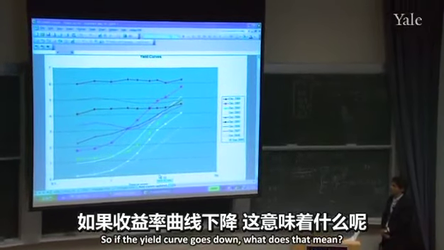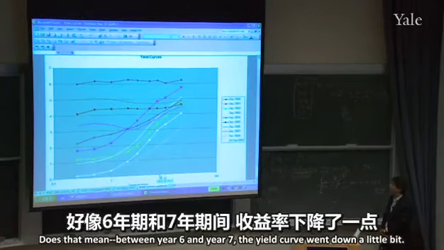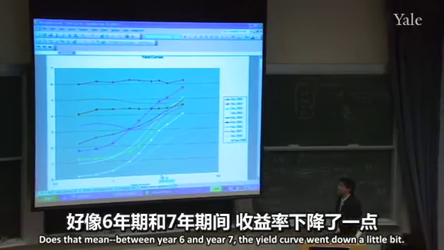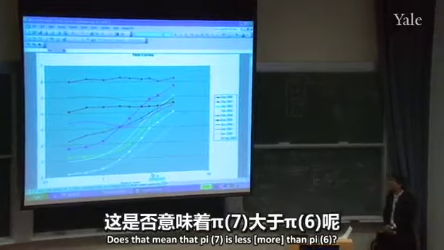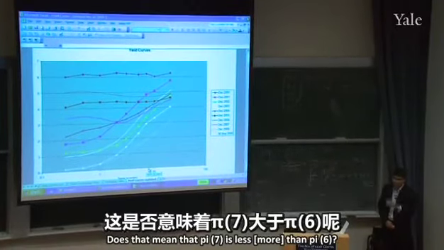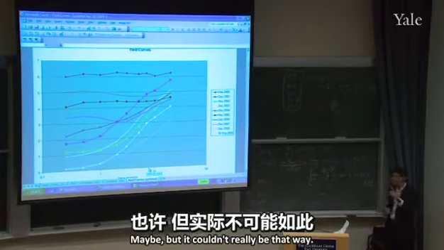If the yield curve goes down, what does that mean? Does that mean that between year 6 and year 7, the yield curve went down a little bit? Does that mean that pi 7 is less than pi 6? Maybe, but it couldn't really be that way.